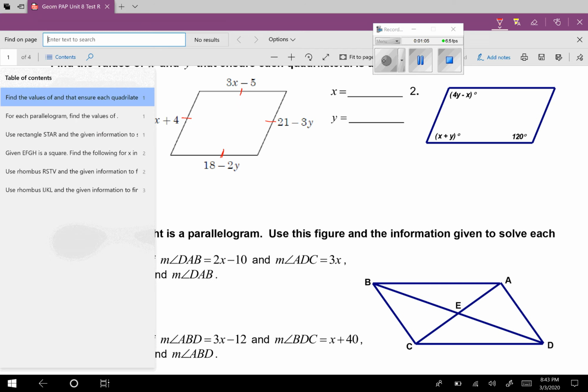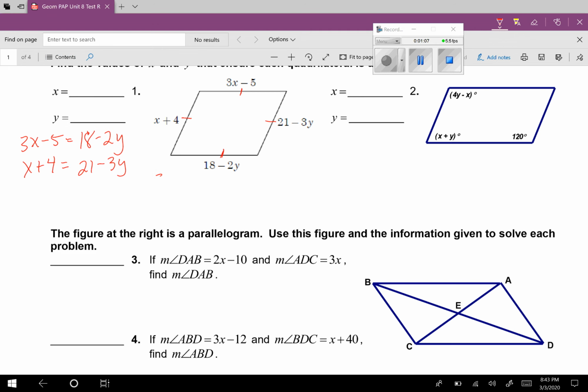I'm going to have 3x plus 2y, and then we'll have 18 plus 5, so that's 23. And then I have x, and then it'll be plus 3y equals, and we have 21 minus 4, and so that's 17.